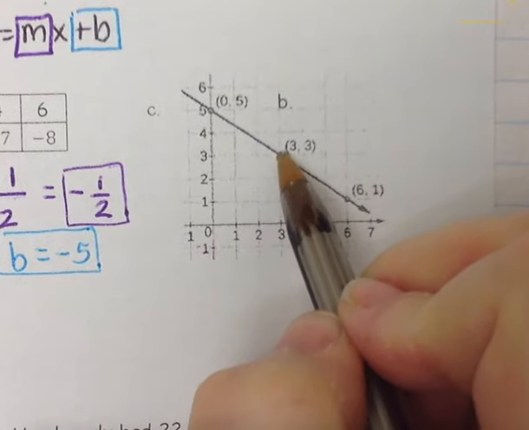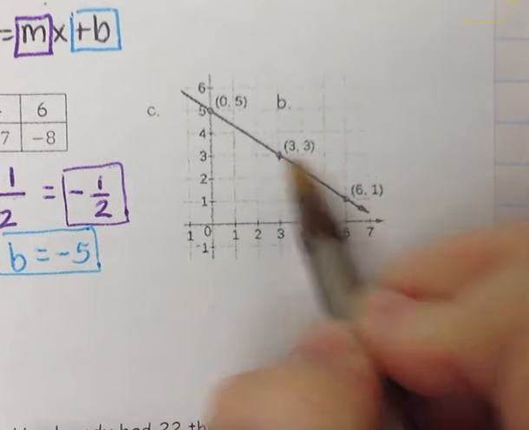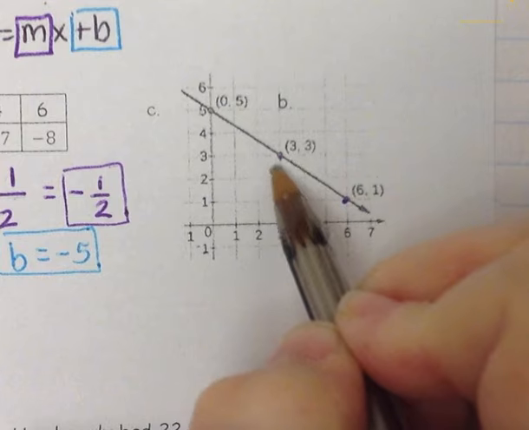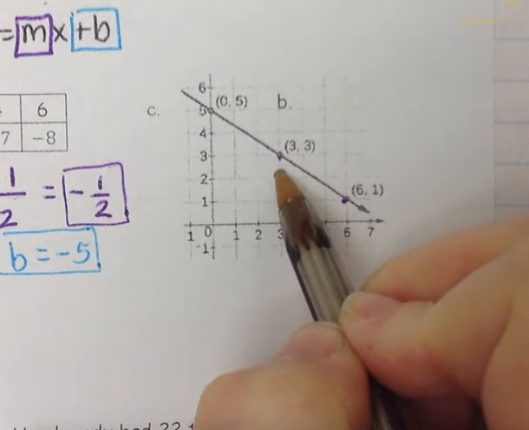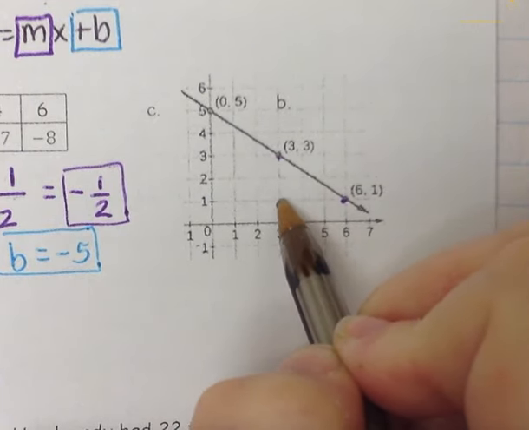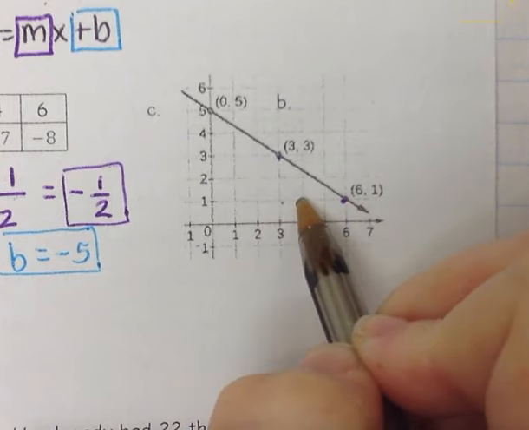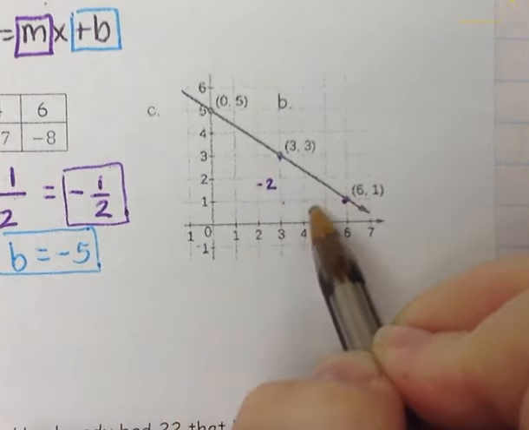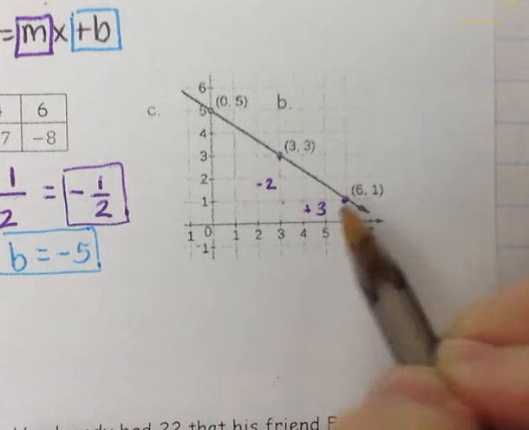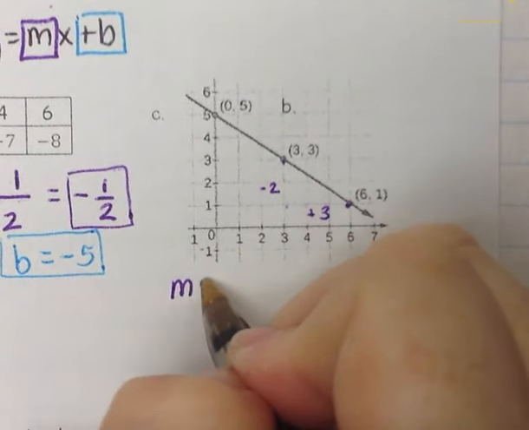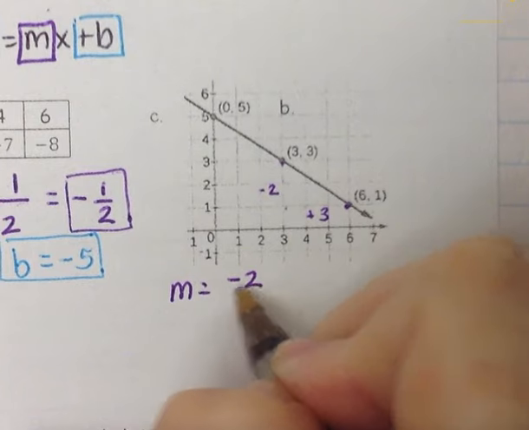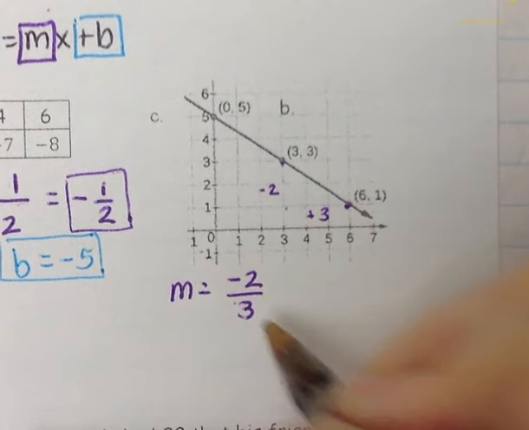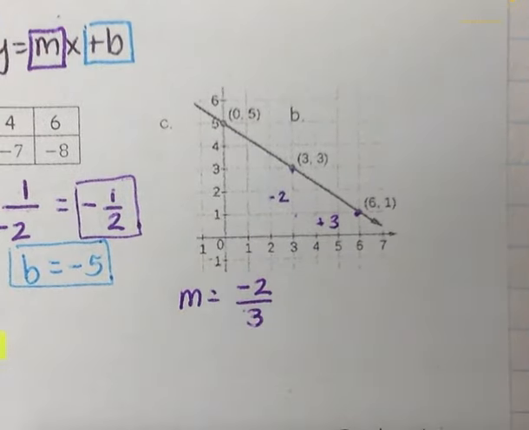So if I start at this one, and I want to go to this coordinate here, I have to go down 2, but then right 3. So our slope of rise is -2 and our run is +3. So our slope is -2 over 3.